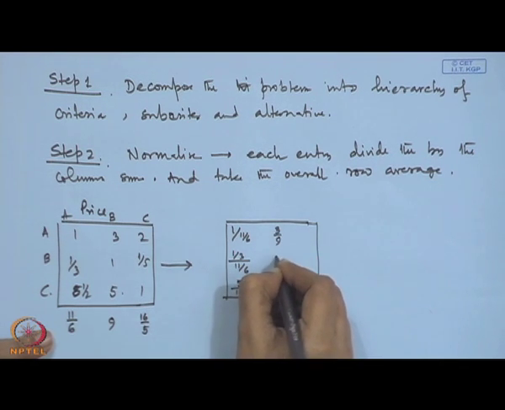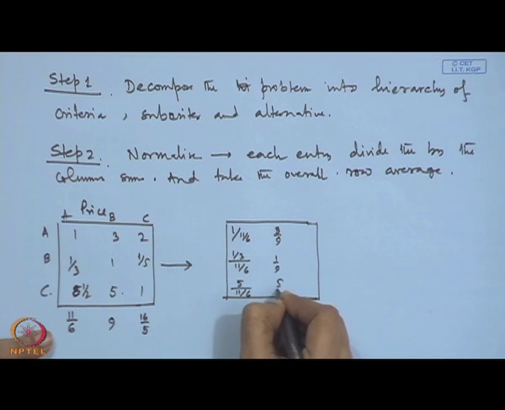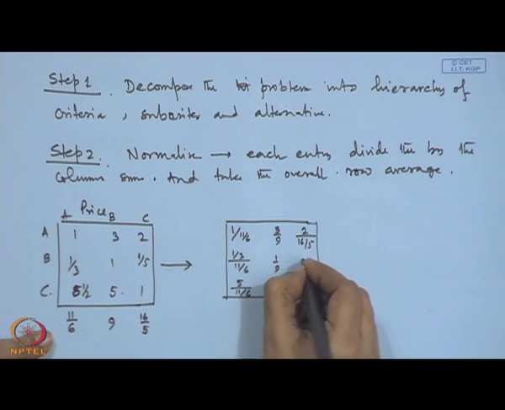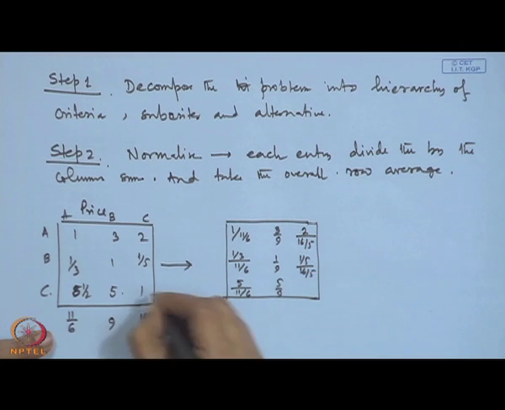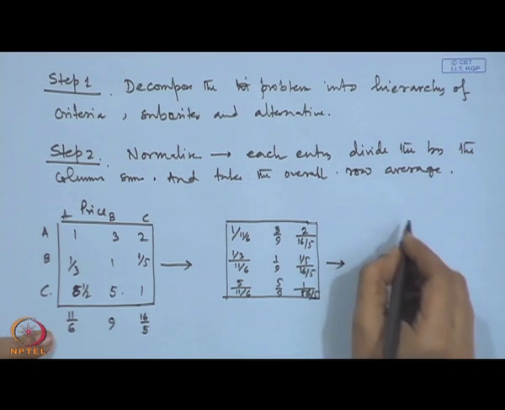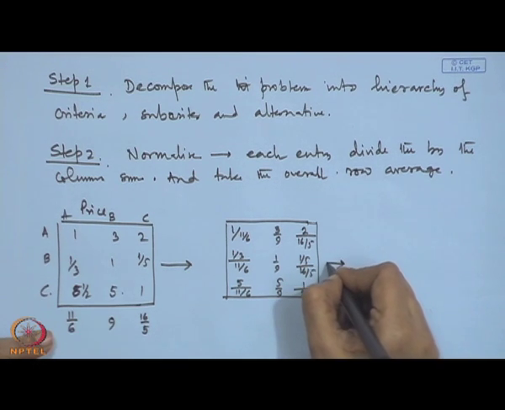This is 3 by 9, 1 by 9, 5 by 9, 2 by 16 by 5, 1 by 5 divided by 16 by 5 and 1 by 16 by 5.